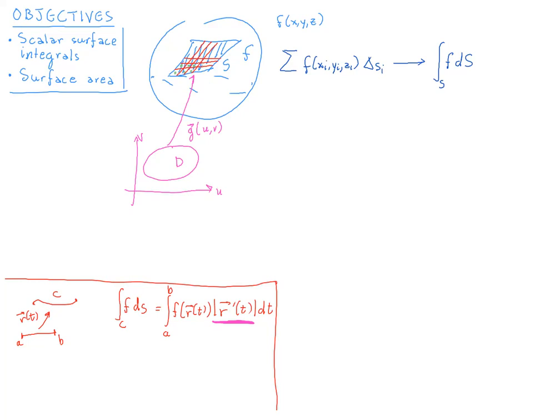So here, we will need a similar term. The question is, how is this term going to be formed? Basically what we need is an approximation of the area of this little part of the surface.